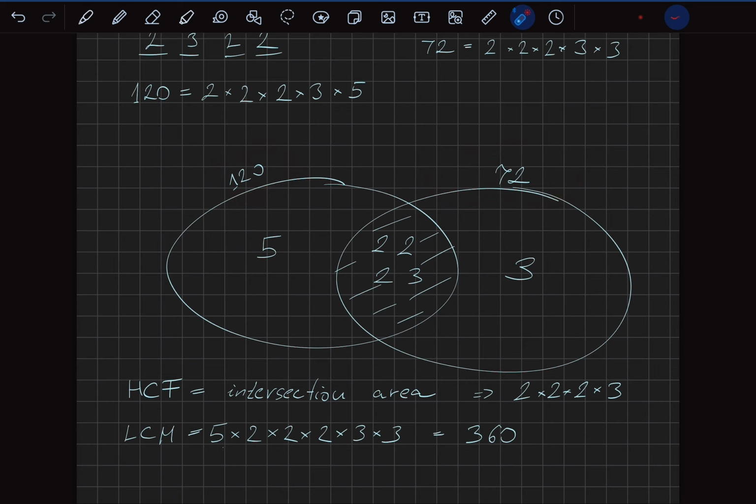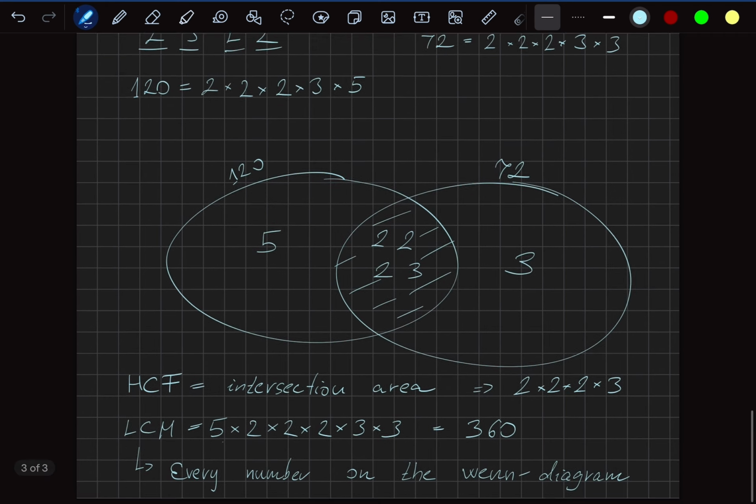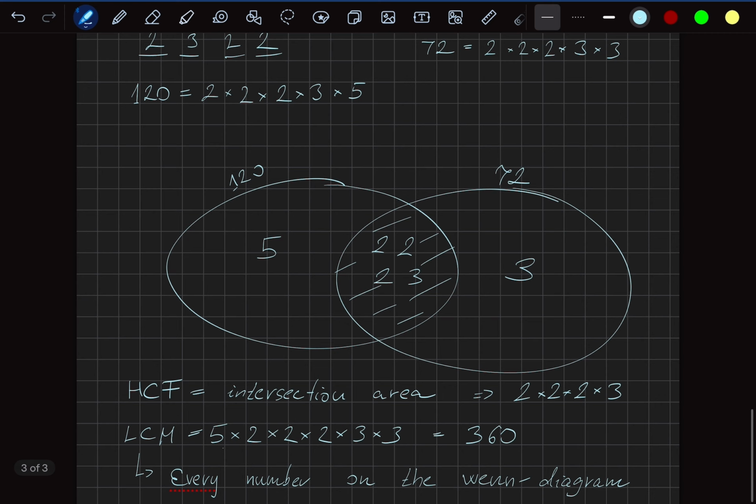And this will be every number in the diagram. Okay, never mind.